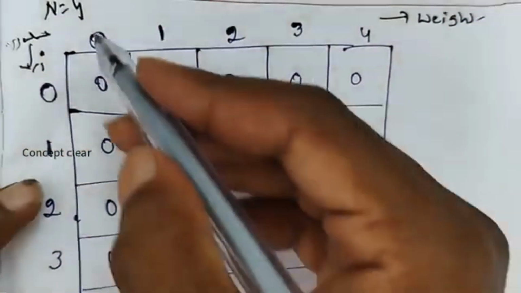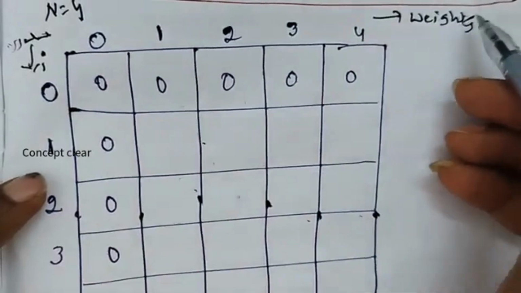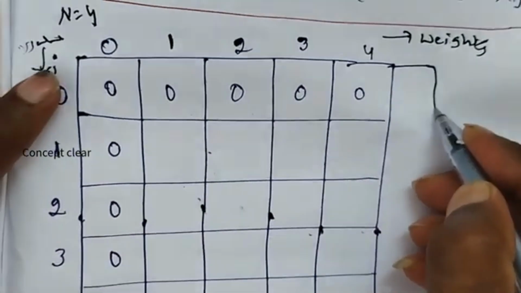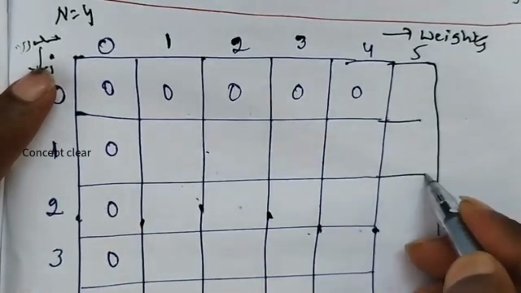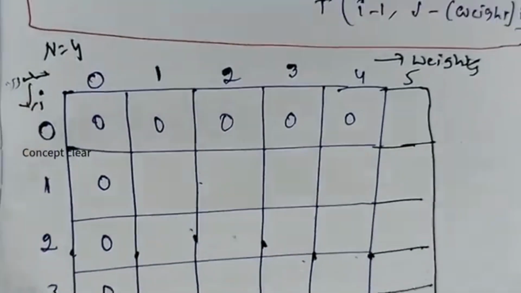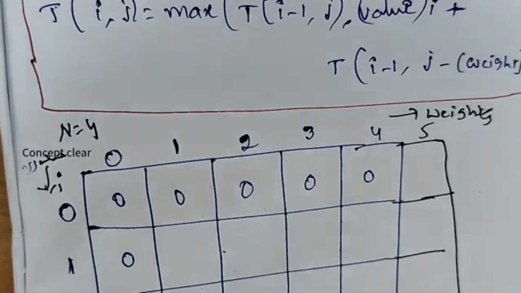We take the total weight W equals 5, meaning the total maximum capacity is 5.